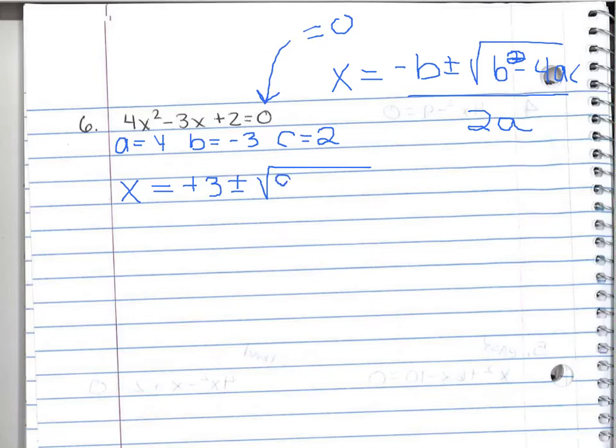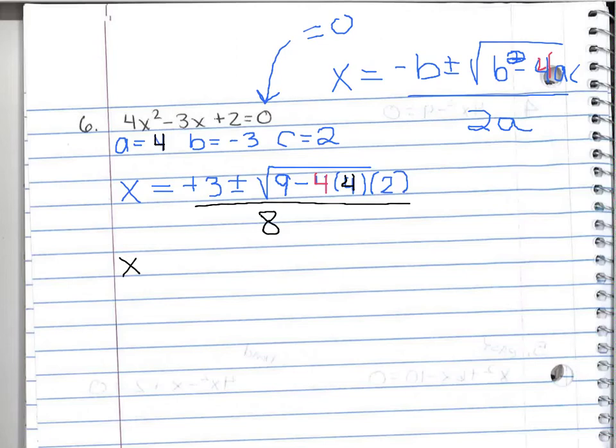And if you get used to filling that in as the b term squared, 9, rather than negative 3 squared, you'll save yourself a common mistake. So it's 9 minus 4 times 4 times 2. This first 4 is from the formula, but the second 4 is from the a value, all over 2 times a, which is 8.